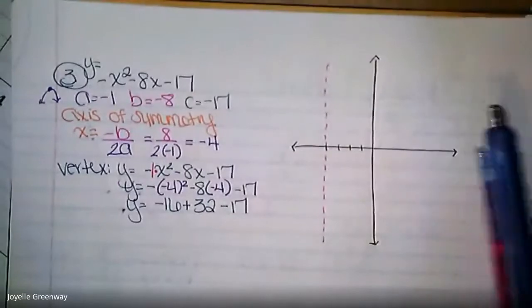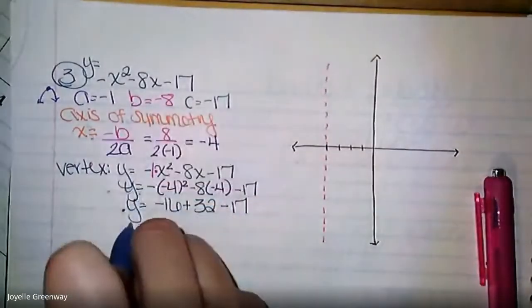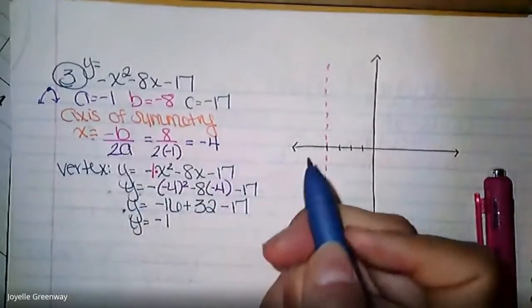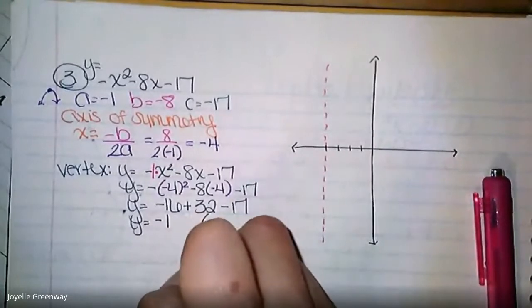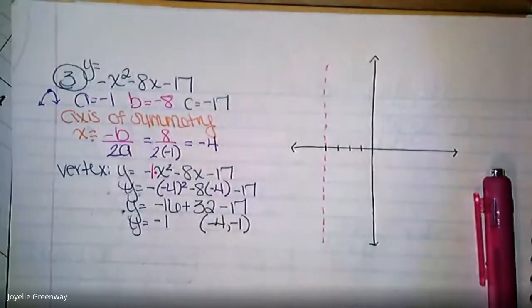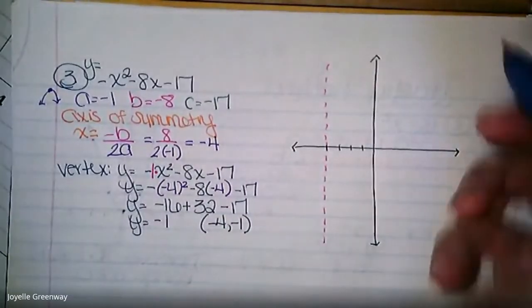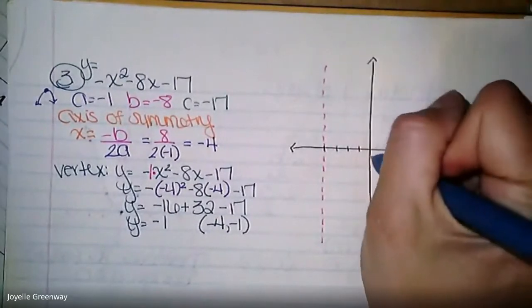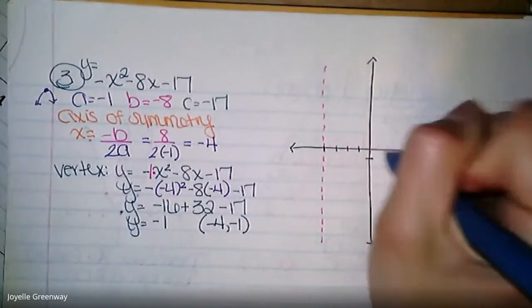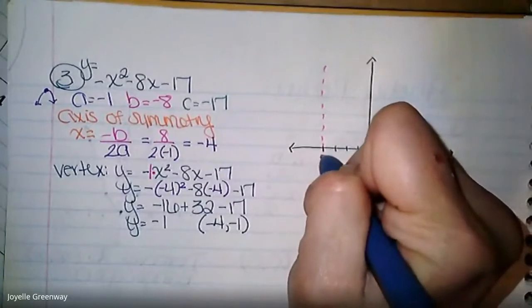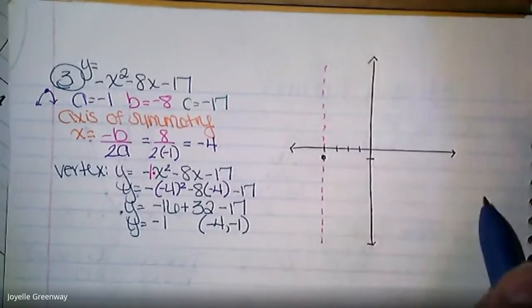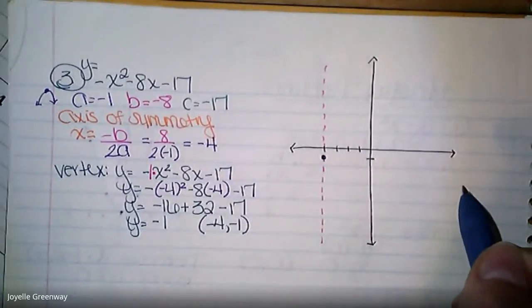Well, good thing I didn't trust my basic math. So y is equal to negative 1. So my vertex is at negative 4, negative 1. So negative 4, negative 1, and my parabola opens down.